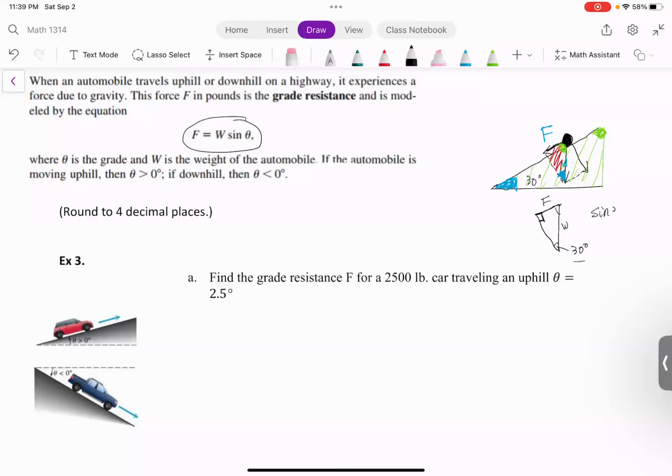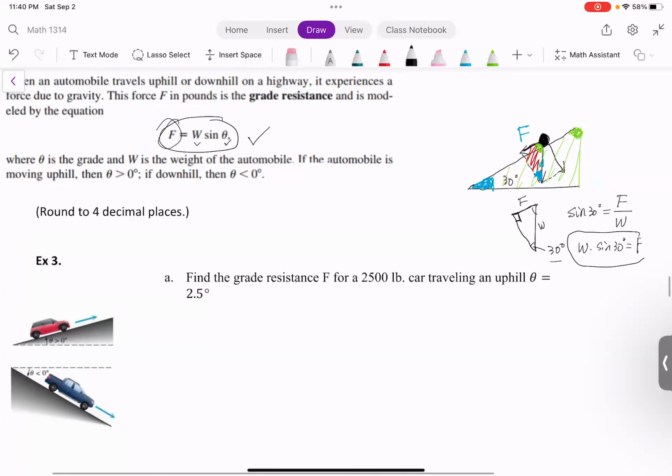Sine 30 degrees is opposite over hypotenuse. What is the opposite of 30? That is F. What is the hypotenuse? That's W. Multiplying both sides by W, W times sine 30 equals F. So I got the relationship between F and W. Now, if I know the weight of the car and the angle of the slope, can you find the grade resistance? So we call it F, the grade resistance.